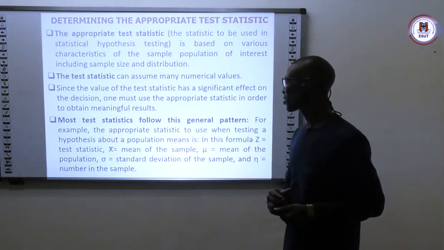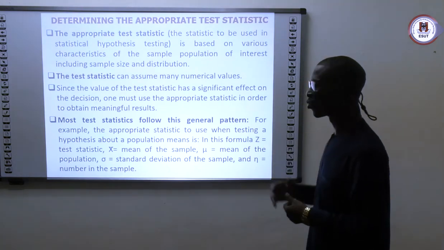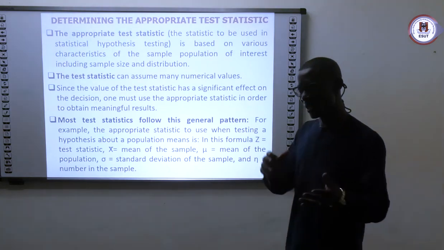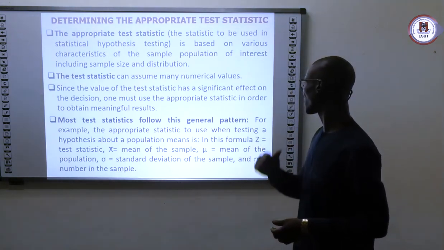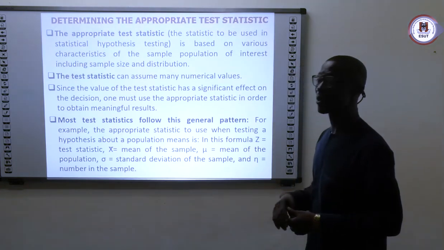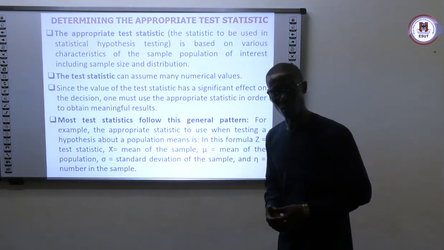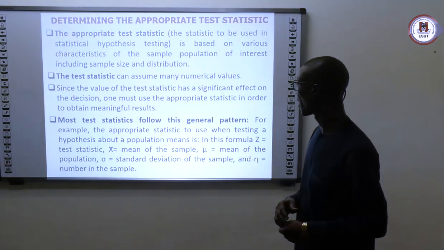The test statistics always assume many numerical values. So deciding which best test statistics to apply matters a lot when talking of hypothesis testing, because this informs the type of decisions that we take when we are testing hypothesis.